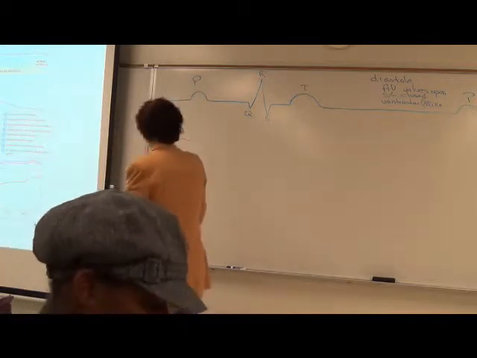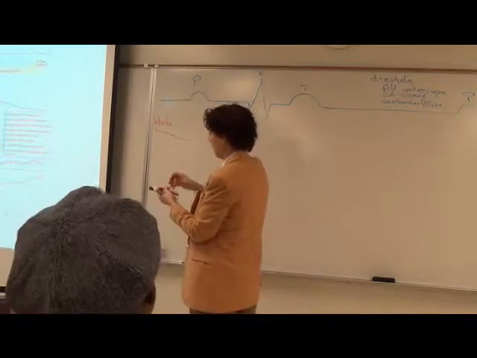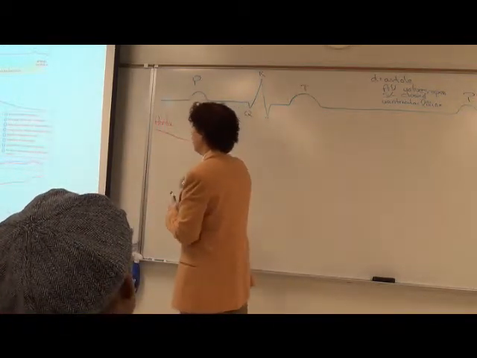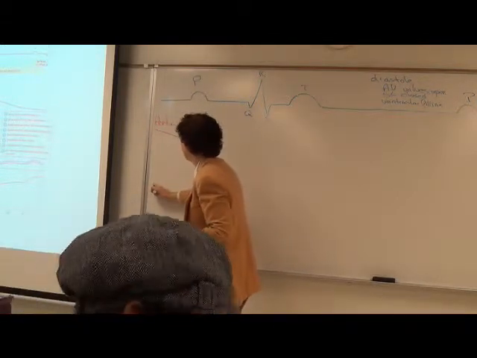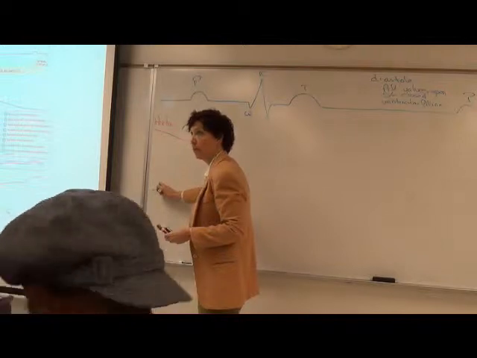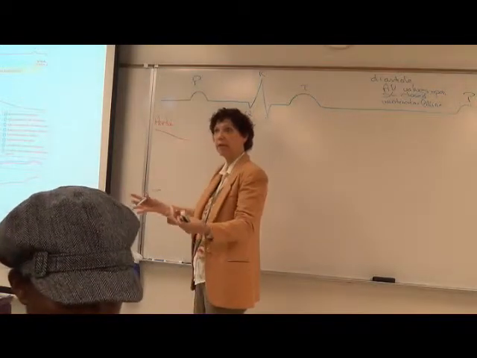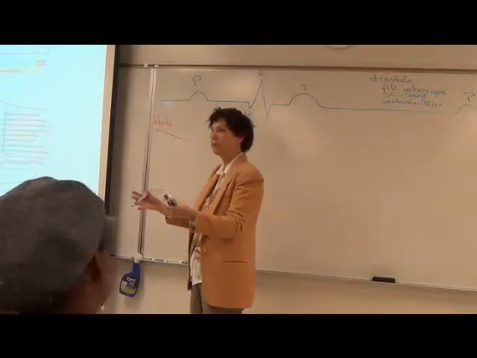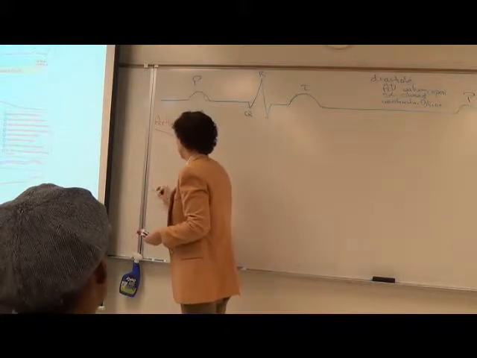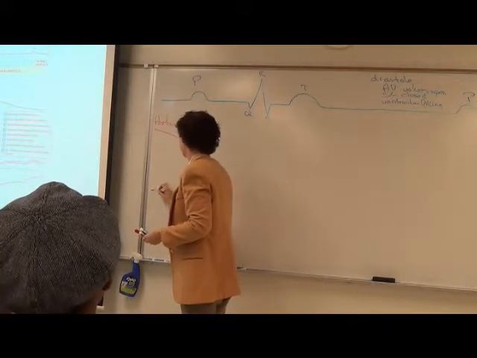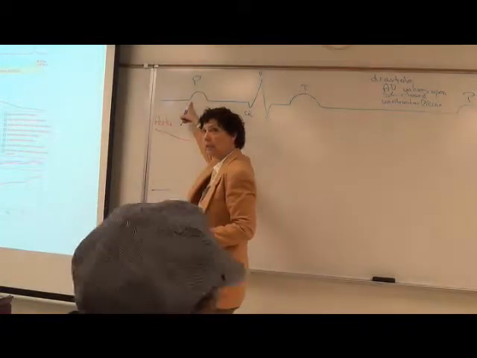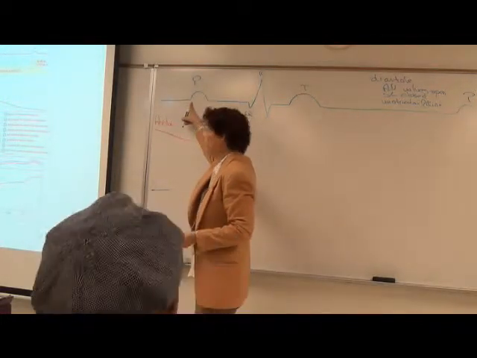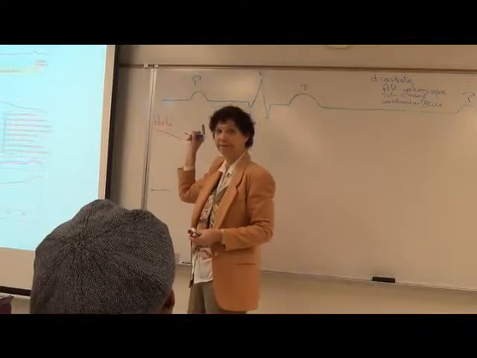Okay. So while the heart is at rest, blood is flowing into the atria, but the AV valves are open. And so we don't see an increase or a decrease in atrial pressure, because the blood is just flowing into the atria. Then we see the beginning of atrial depolarization. All right, what causes this?